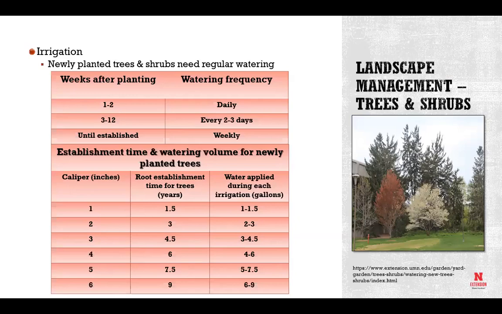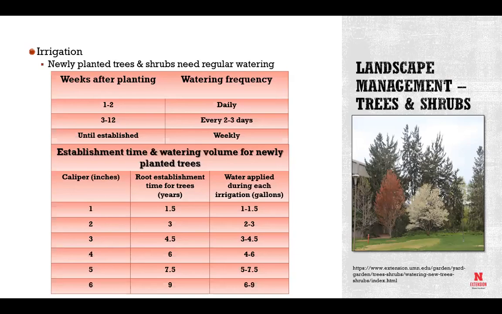So, a 1-inch caliper tree is going to take 1.5 years for that root zone to establish. And it's going to need about 1.5 gallons applied for a newly established tree. And that's every single time you water. That's not once a week or once every 10 days. So you can see what happens. You have to do it once or twice daily for the first 2 weeks, every 2 or 3 days for the next 12 weeks, and then weekly until established.